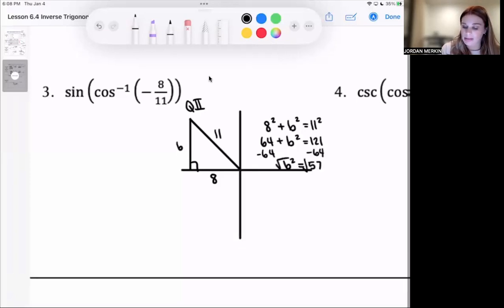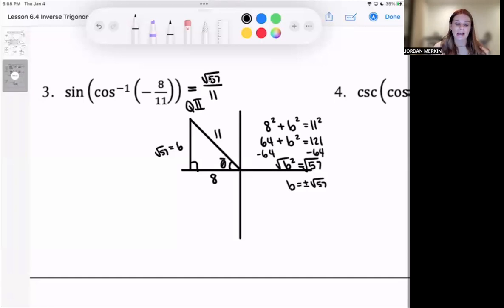Square root both sides, and b equals plus or minus root 57. So root 57. Now we're in quadrant 2. We know that sine is positive in quadrant 2. Sine is opposite, which is root 57 over hypotenuse, which is 11. So be careful with the sign. This one's positive because it's sine and it's in quadrant 2.